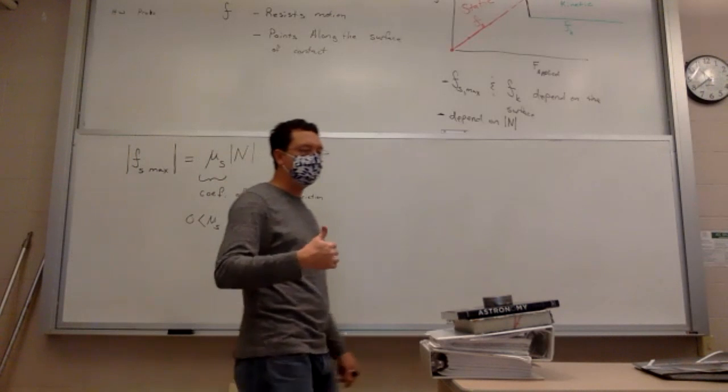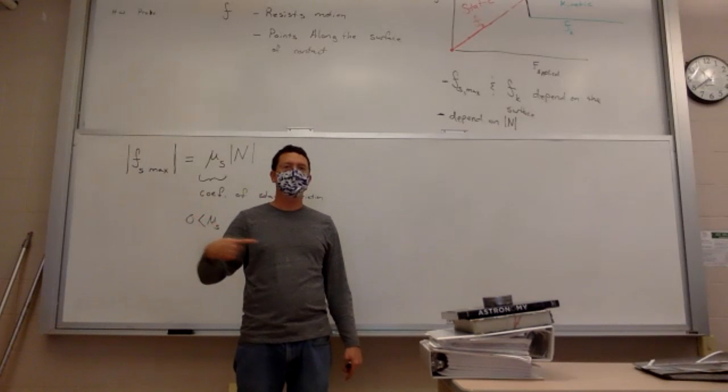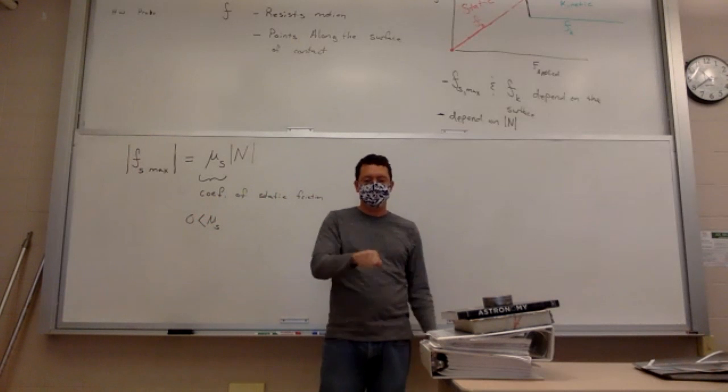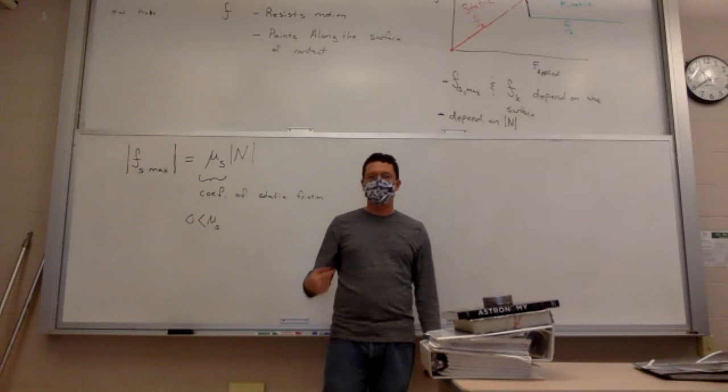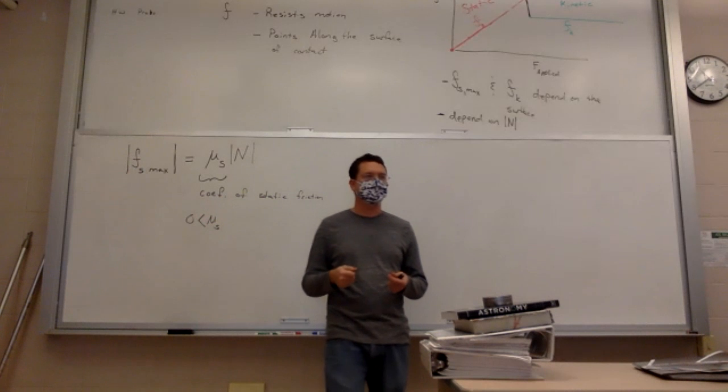If you get to a coefficient of static friction of 1,000, thinking of it as two dry objects resisting motion is probably not the right way to think of it. You should think of it as more like something soaked in concrete.